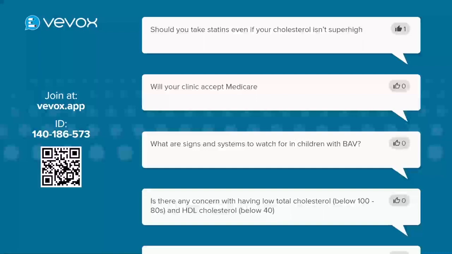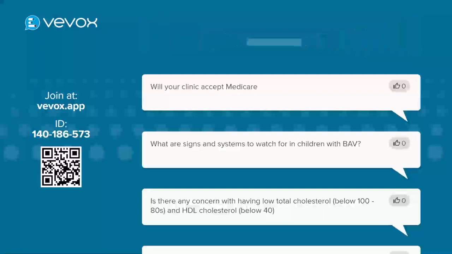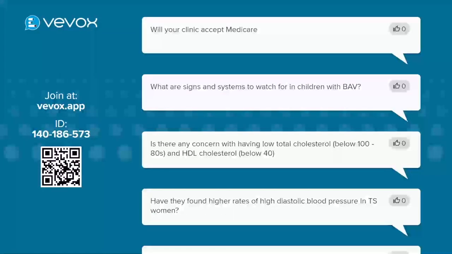And we know that statins, the main cholesterol medication, can prevent heart attacks and strokes. So your doctor might say, even with normal cholesterol levels, your statin may still protect you. I want you to take the statin. For other people, it may not be as clear, and if you're concerned about that, you should definitely talk to your doctor about whether you should take a cholesterol medicine or not.